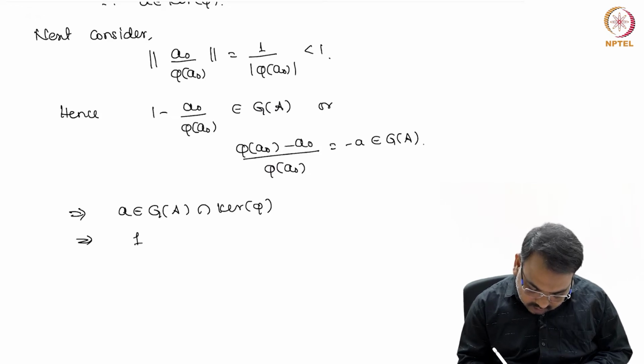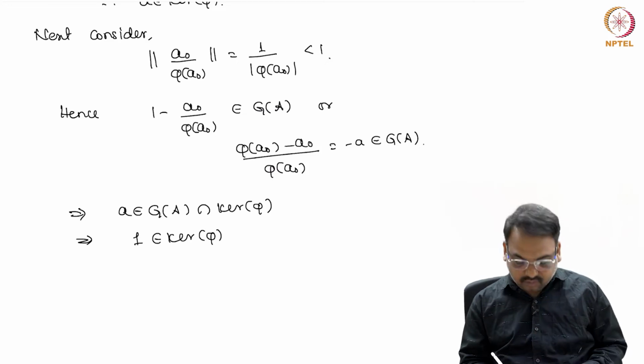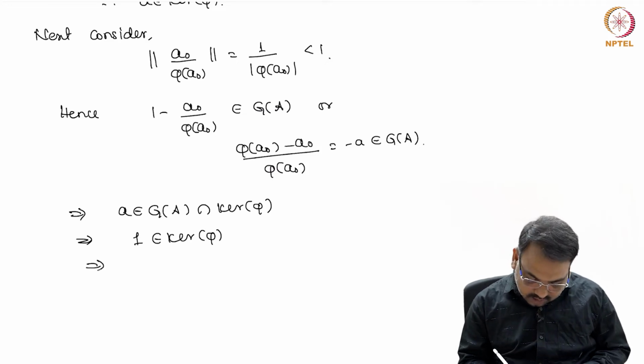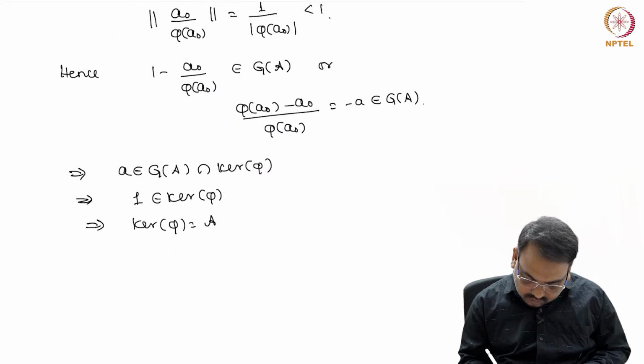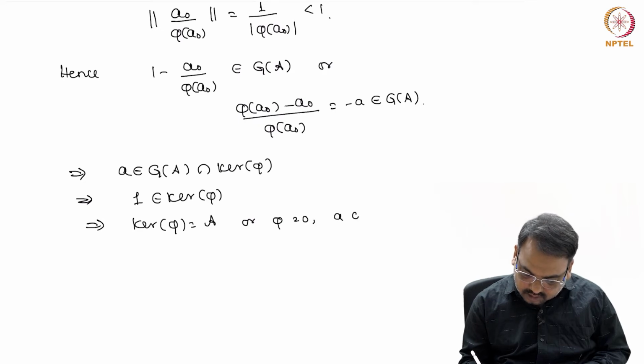This implies 1 is inside kernel phi. That is a contradiction, because if 1 is inside kernel phi, the kernel is nothing but A, or we can say that phi is 0. So a contradiction, because we started with a non-zero function.